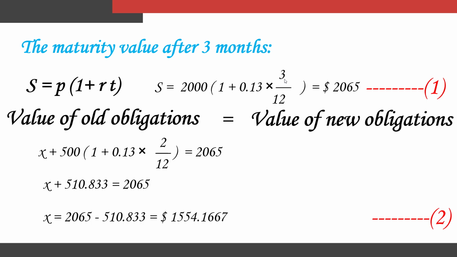The value of $500 at the focal date will be equal to $510.833. So the balance after 3 months will be equal to $1,554.1667.